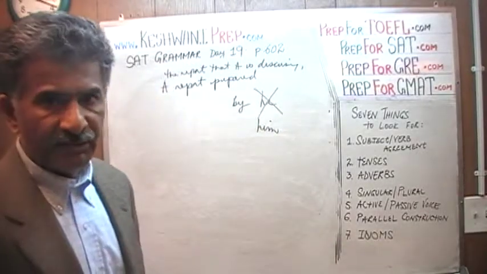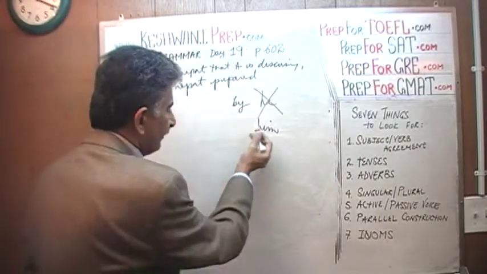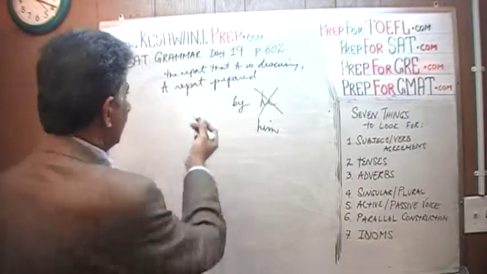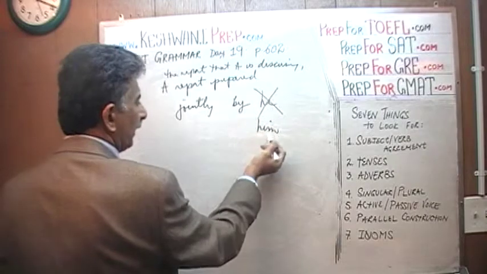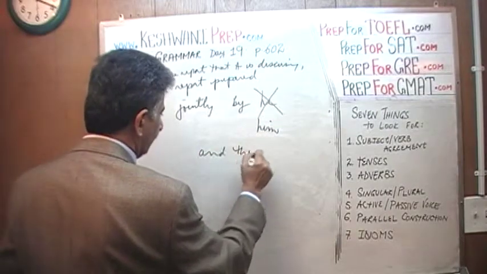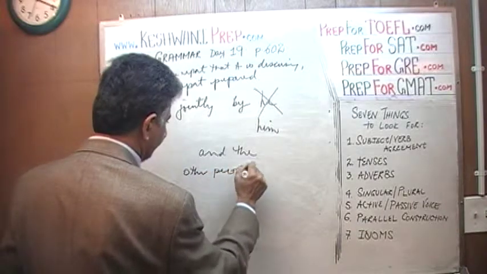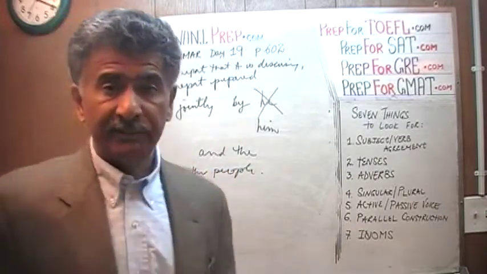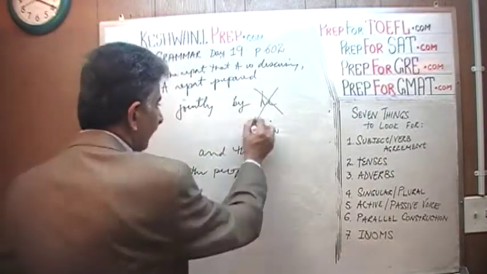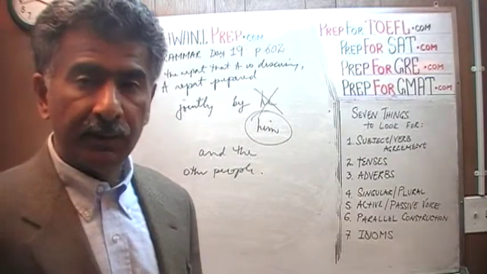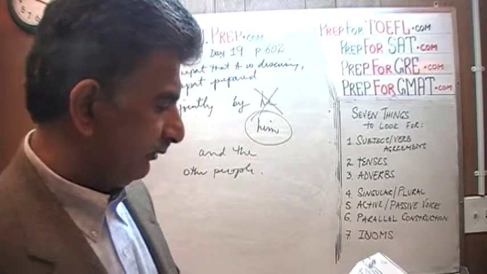Now the fact that it's not just Alexander but it's also the committee doesn't change the fact that it should be him. A report prepared jointly by him and the other people. It's not going to change the fact that just because there is a committee there, just because there are other people present there, it still has to be him. It was prepared by him and the other people, not he. The answer is B.